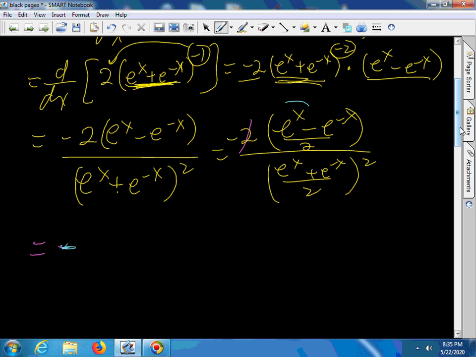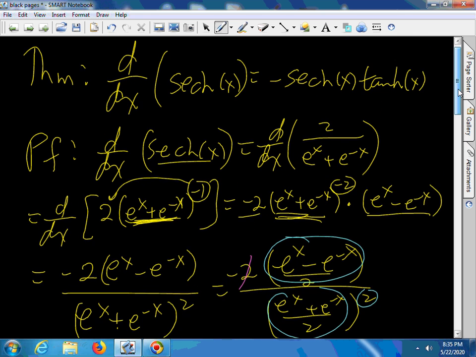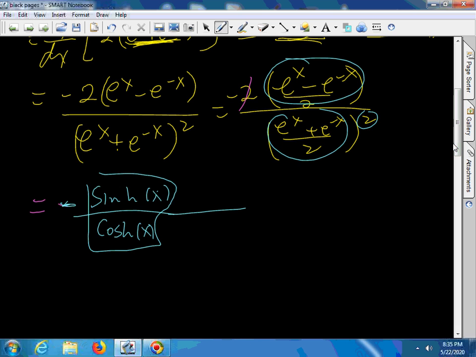This is negative, but that by definition is the sech of x over, by definition, hyperbolic cosine of x, but we're squaring it. Now, I'm going to write it down twice, because I remember in the formula, there was a tangent of x times another hyperbolic cosine of x.